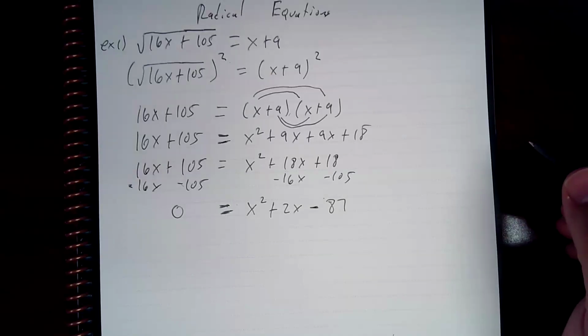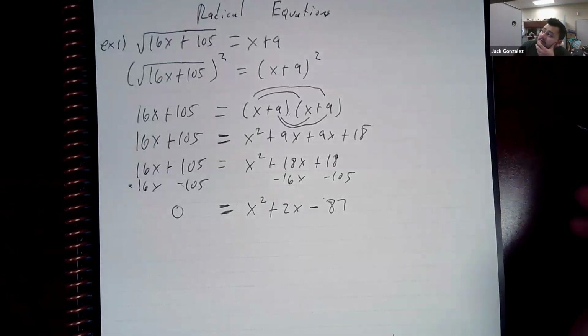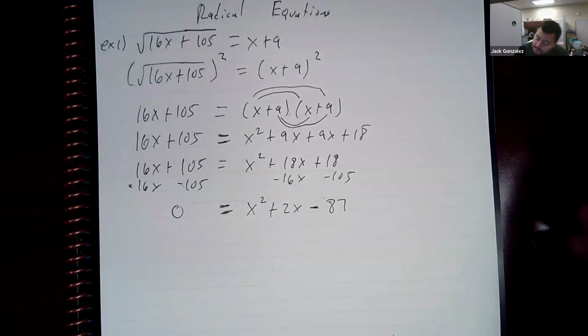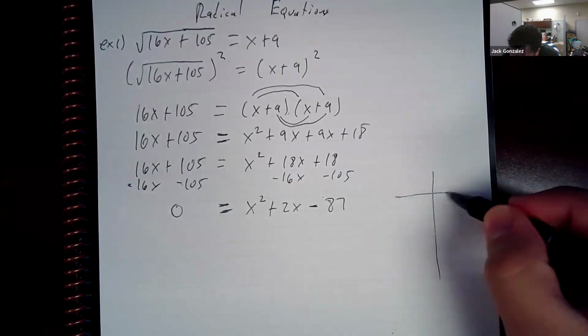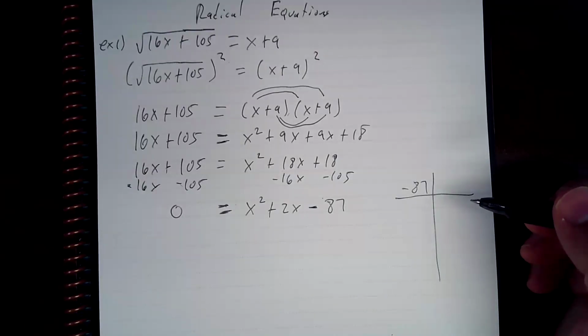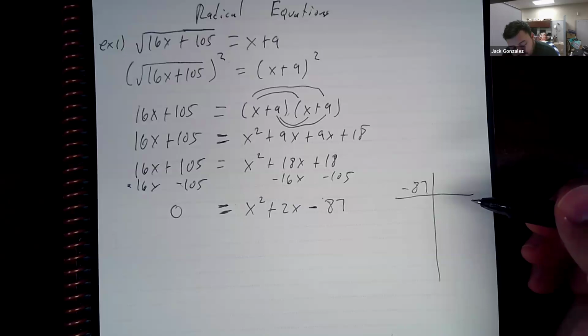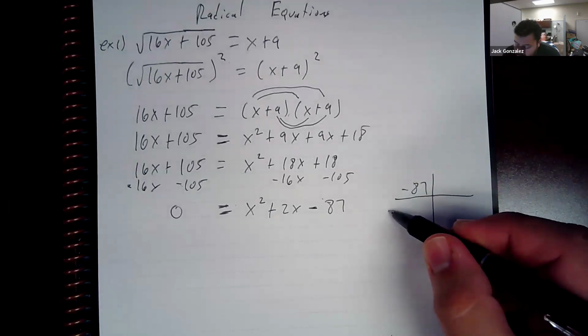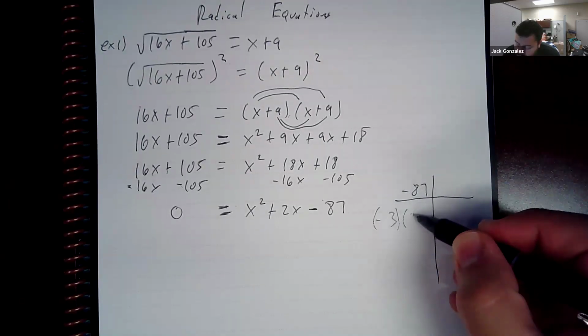Is there any factors of 87 that add up to 2? Let's see. 87 divided by 9 doesn't work. 8 doesn't work. 6, maybe? Nope. I don't think so. Oh, 3 and 29 works.